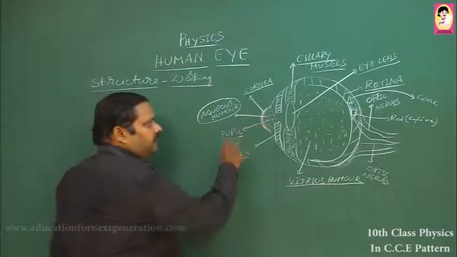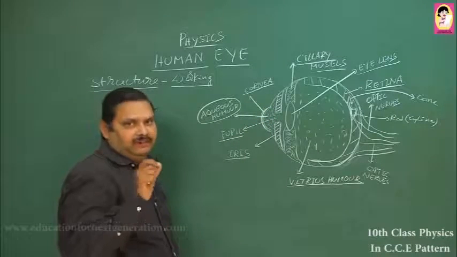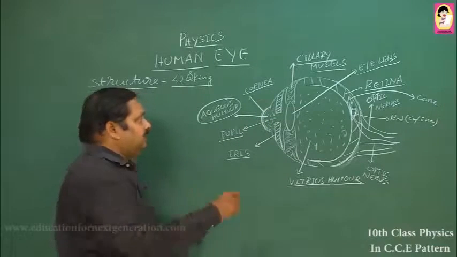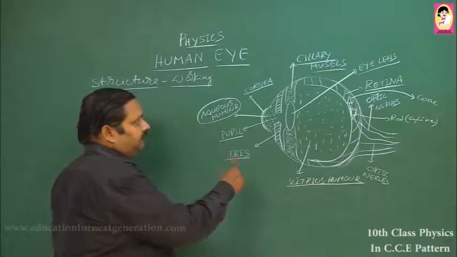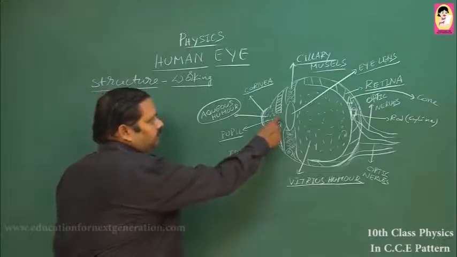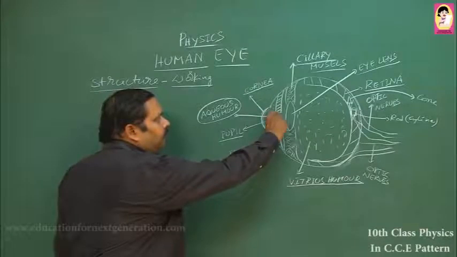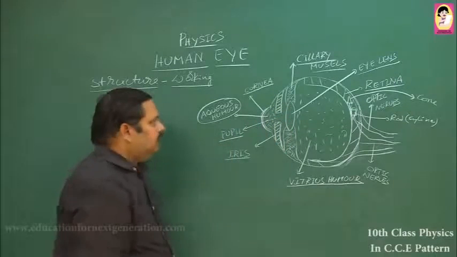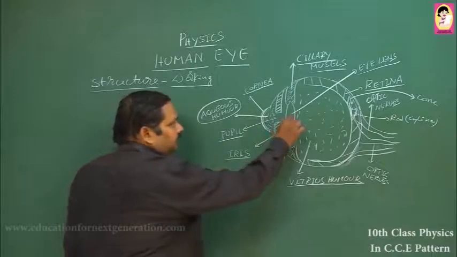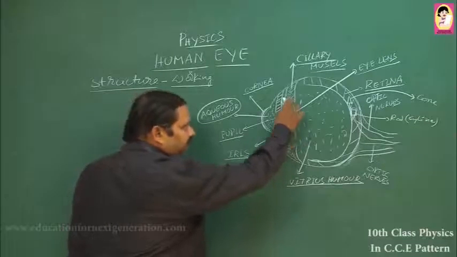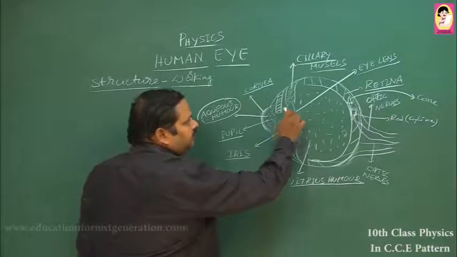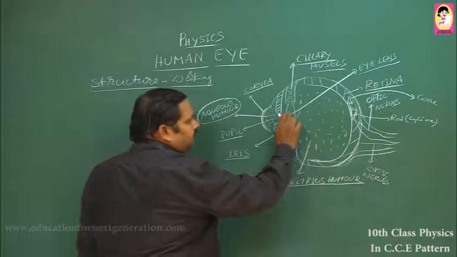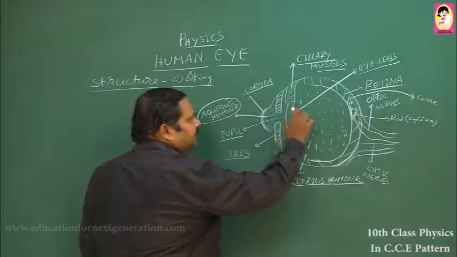The cornea and aqueous humor together act as a convex lens, and they converge the light rays from the object exactly into the pupil, and through the pupil the light rays fall on the eye lens.